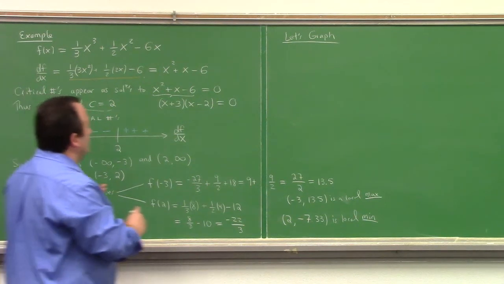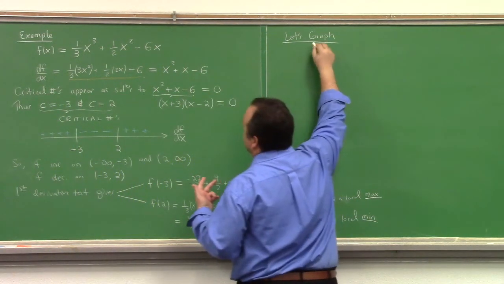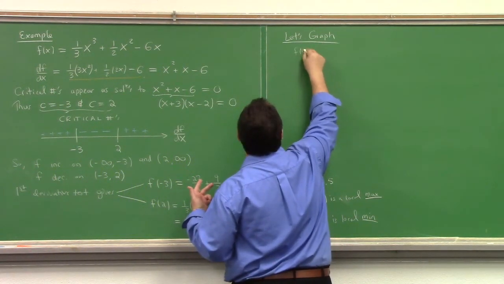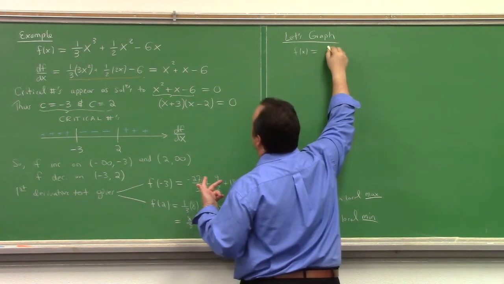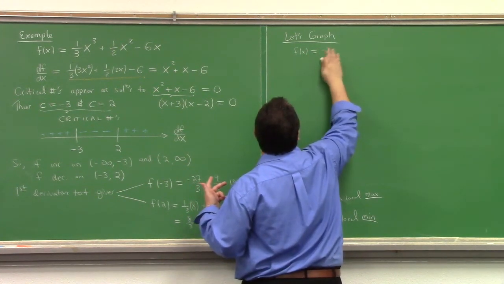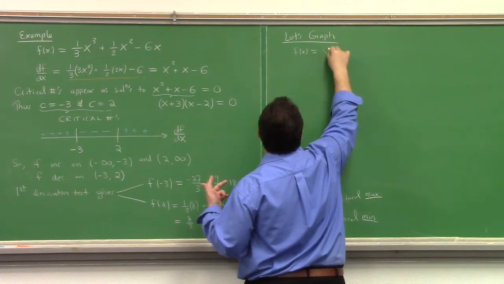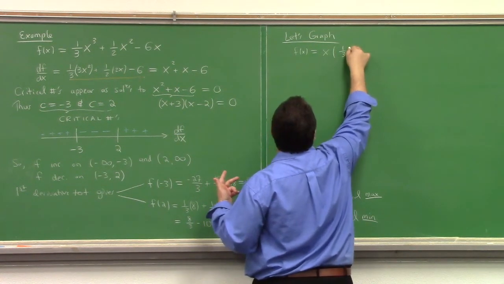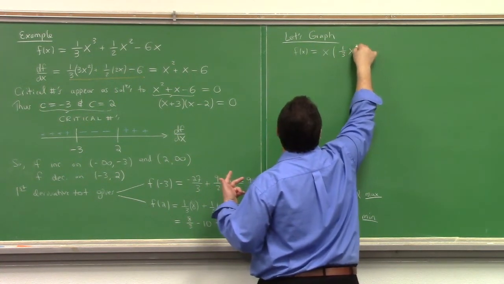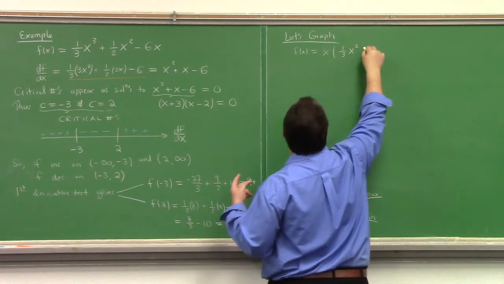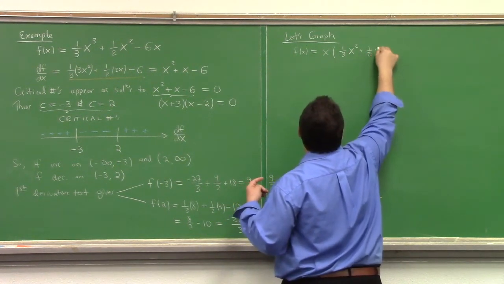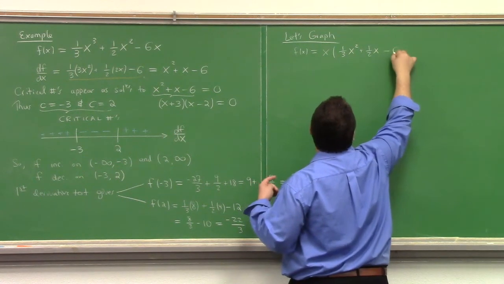For this one, f of x equals, well, we could factor out x: x times 1/3 x squared plus 1/2 x minus 6.